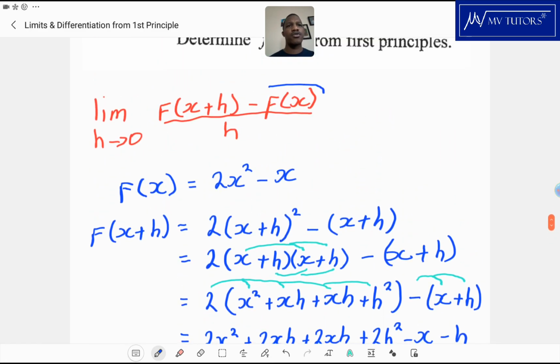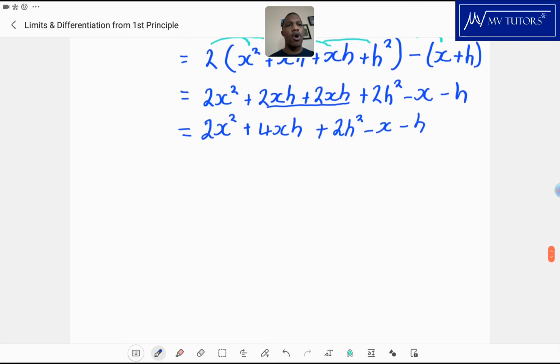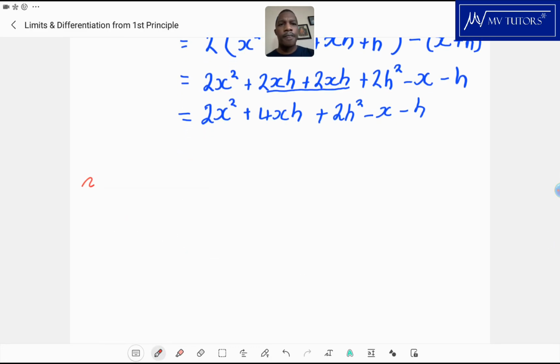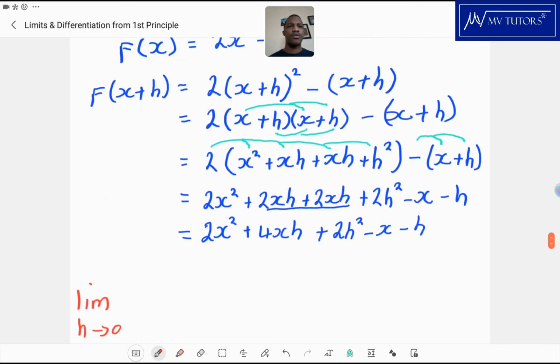Now we'll come back to the limit and put them all together. Limit as h tends to 0.